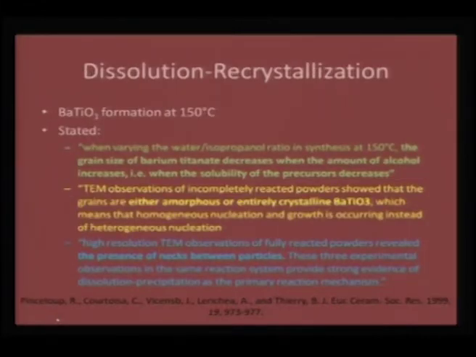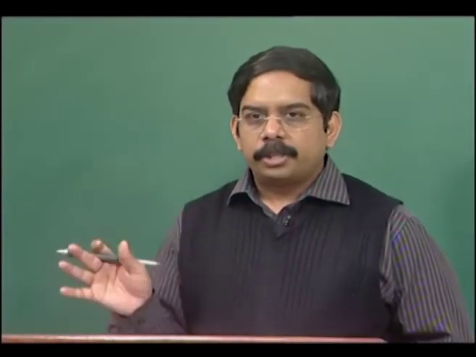But what we see is there are three important things that happen which serve as an indicator for dissolution recrystallization. One thing is when varying the water isopropanol ratio in the synthesis, the grain size of barium titanate decreases when the amount of alcohol increases. So, this is one clue that tells that something is happening when the solvent is changed.